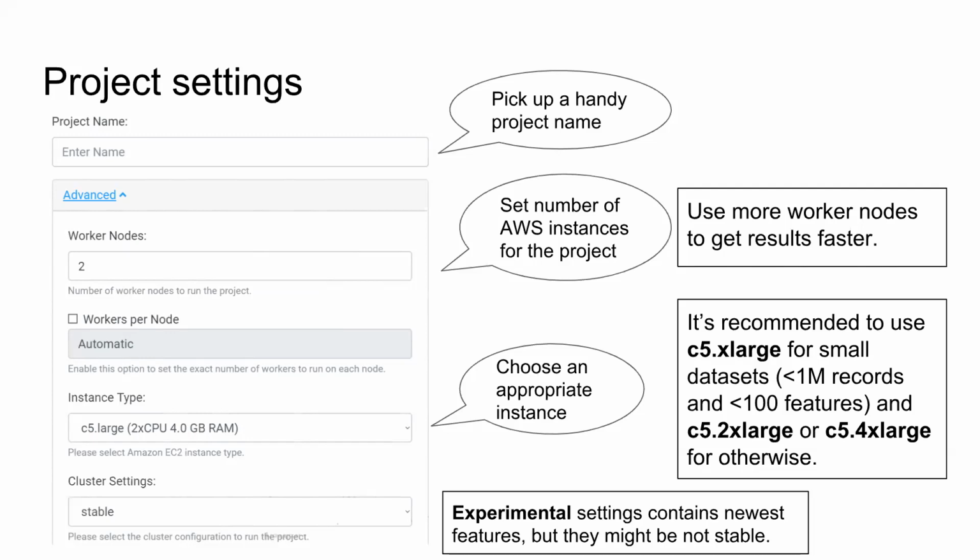The worker nodes are more related to the deeper search during the optimization and obtaining faster results, while the instance type is more related to the complexity of the problem you have. For some complex problems with a large number of features or records, you should pick a larger instance size.